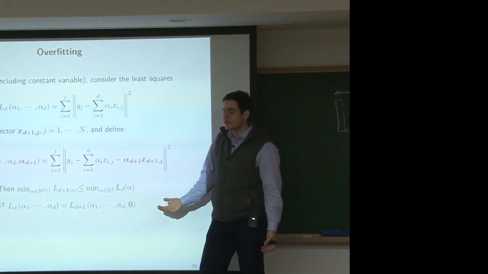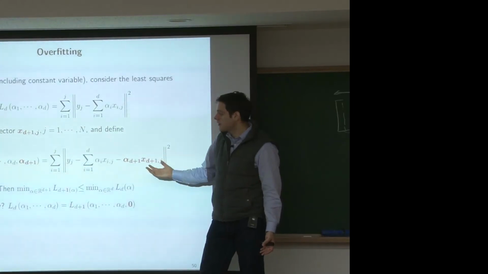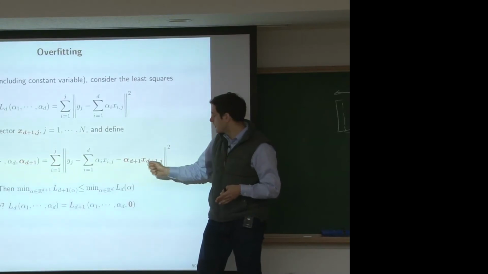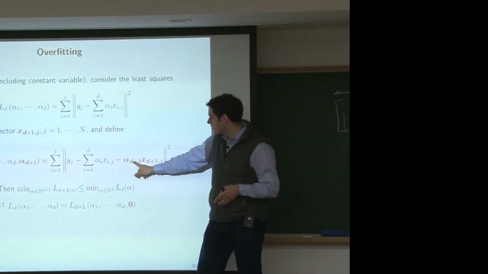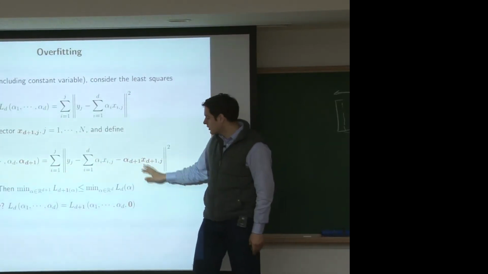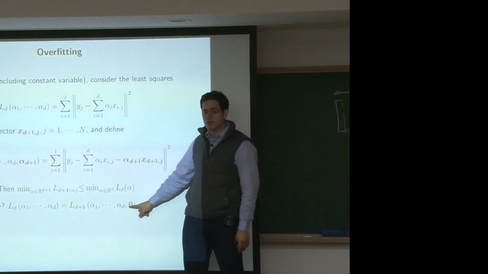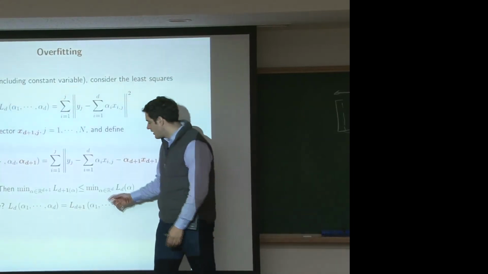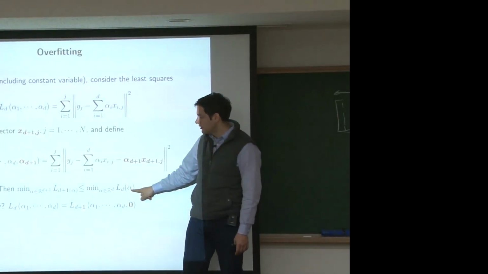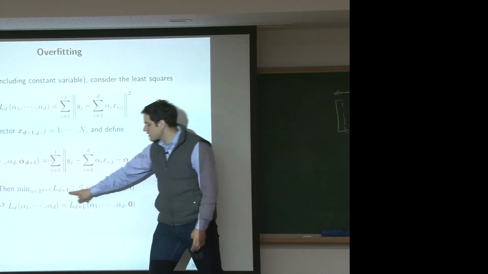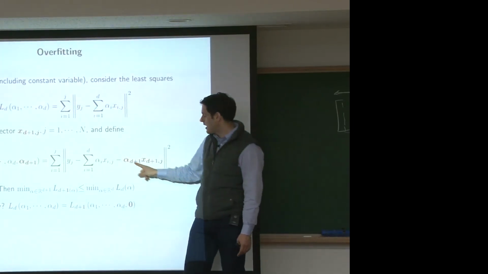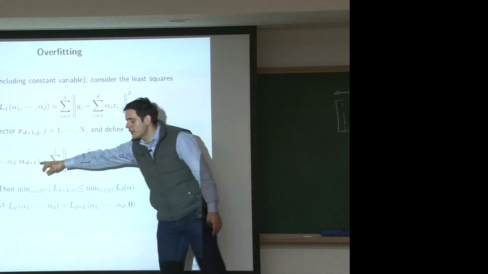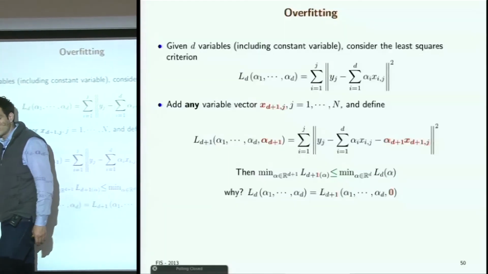So implicitly, if I'm adding a variable, I'm just adding myself the freedom to wiggle, to play a bit with this variable. If I don't allow this freedom, then I just put a 0 here. Okay? So if I minimize with respect to d, it's as if I was minimizing with respect to d plus 1, but setting alpha to be 0. So if I have the freedom to actually play with this value, then I can only make it lower. Okay?